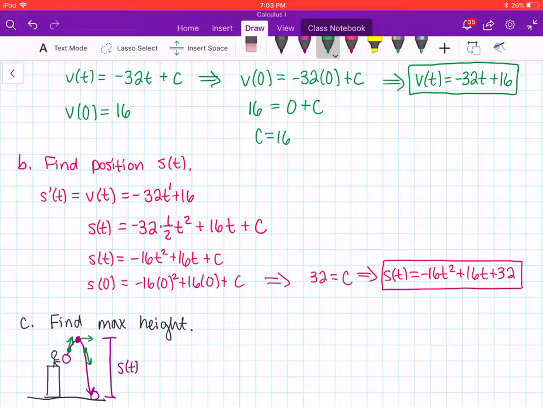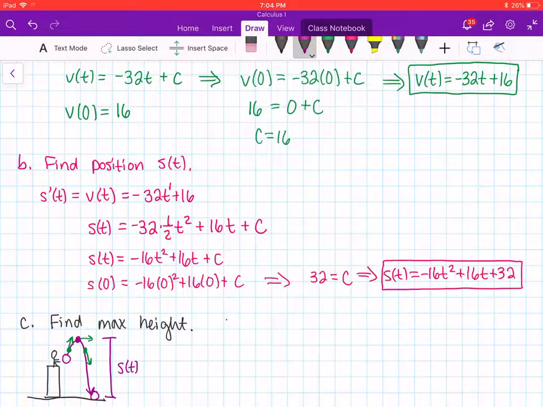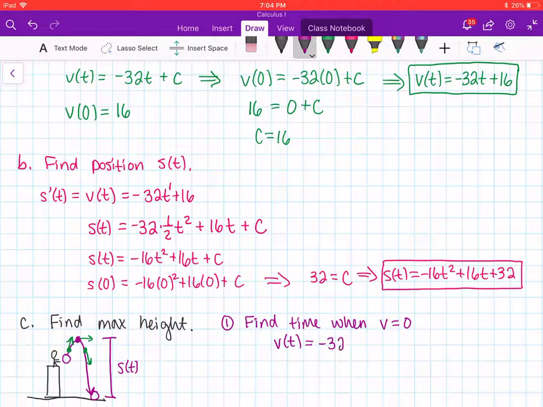In other words, we get a horizontal tangent line, and so we can find the time when the velocity is 0, and then substitute that into our position function. First of all, we're going to find the time when the velocity is 0. So we look at v of t and set it equal to 0.